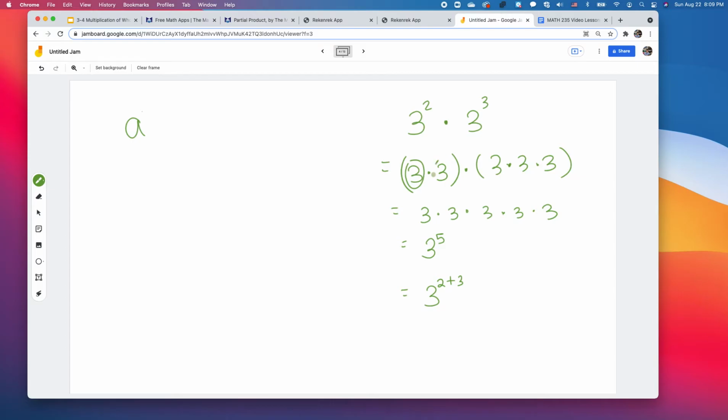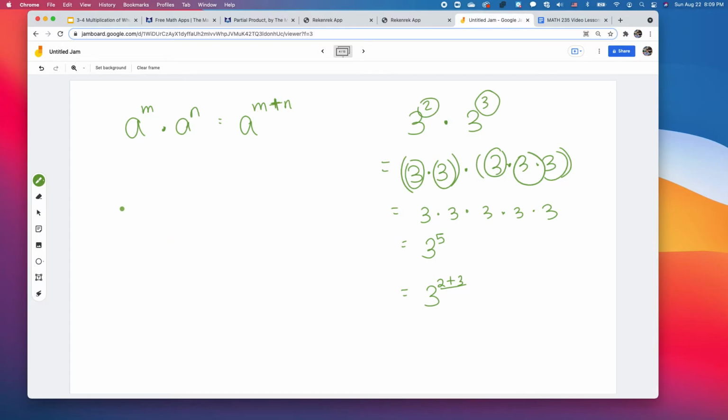So you are having 2 3's and you are having 3 3's, and all together there are 5 3's. That's why you are adding them, because you are counting how many there are. Okay, so a to the mth power times a to the nth power is the same as a to the m plus n power, same base. For multiplication, you can just add the exponents together.